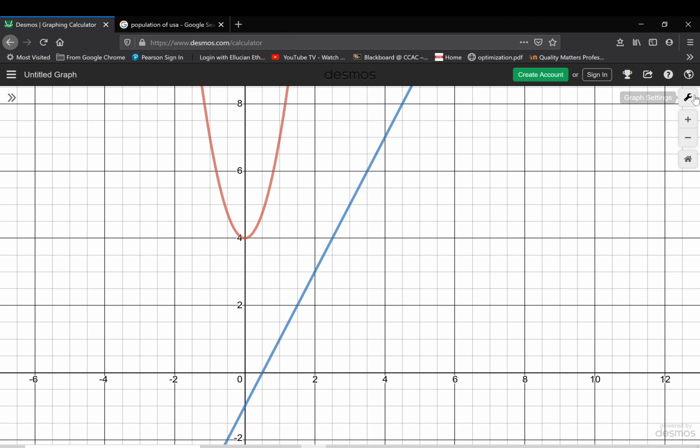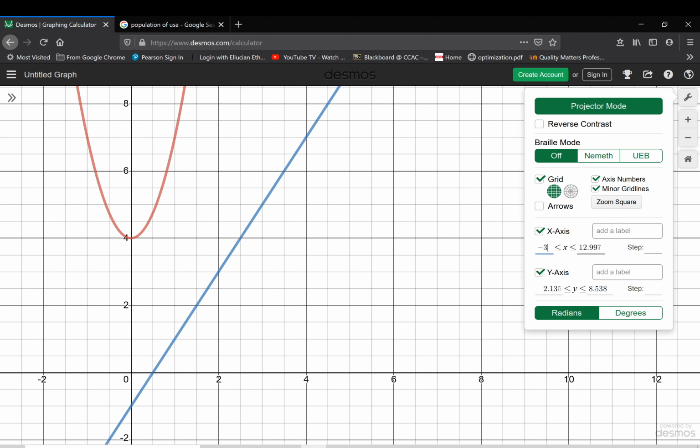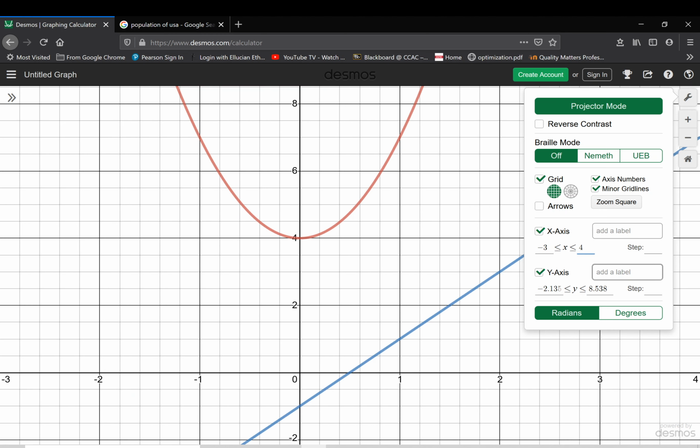So I'm going to go to properties. I'm going to change my x-axis to, what are we going from? -1 to 2? So let's go from -3 to 4. That'll be my x-axis. Not 14, 4. And then my y-axis, where am I going from again? Actually, yeah, that'll work. -1 to 2.